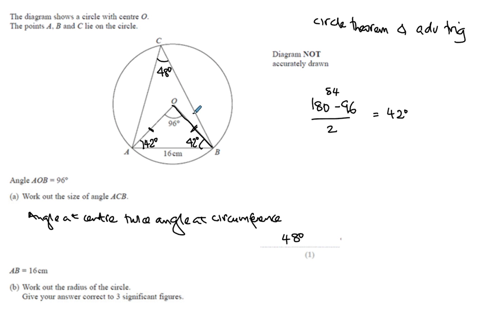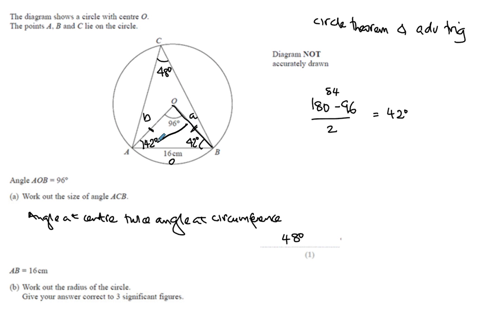Let's label our triangle. So that's A, that's B, and that's O. We need to find a side. In the cosine rule, you'd actually have to have a B opposite, so we don't have that. So let's see if we can use the sine rule.